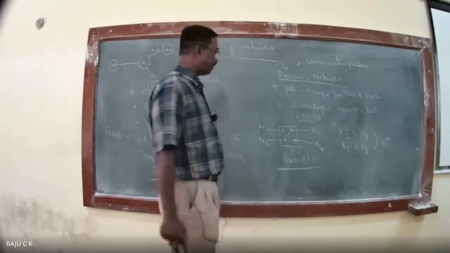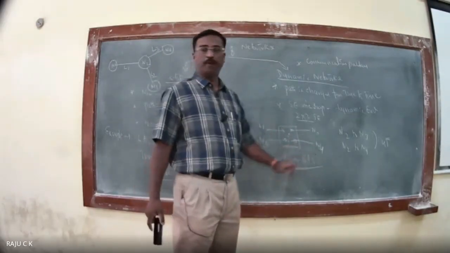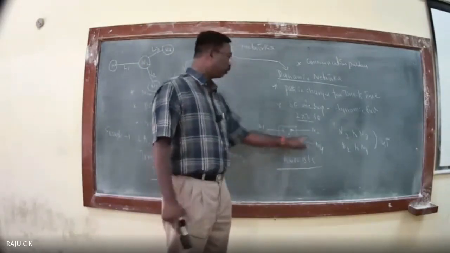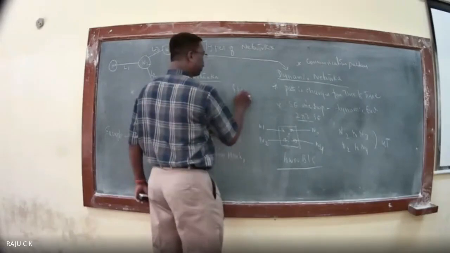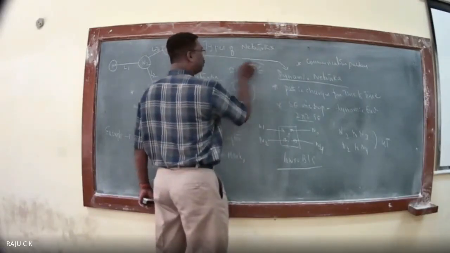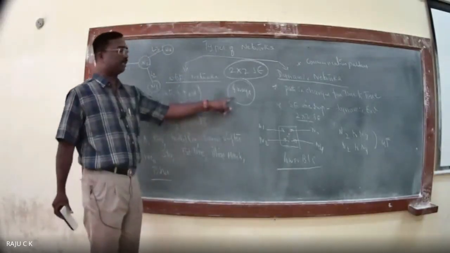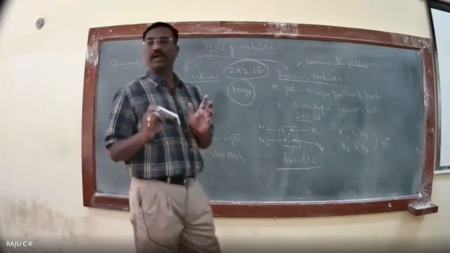Time interval number 3, N1 to N3 and N1 to N4, upper broadcast. Time interval number 4, N2 to N3 and N2 to N4, lower broadcast. So these 4 ways of connection are possible using 2 cross 2 switching elements. The path is changing from time to time without altering your topology.